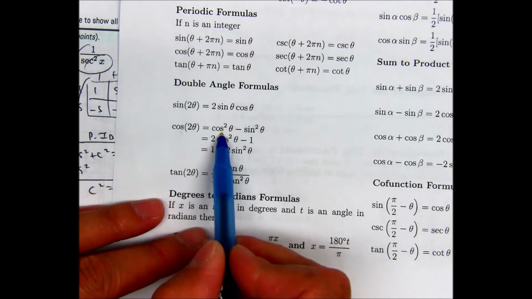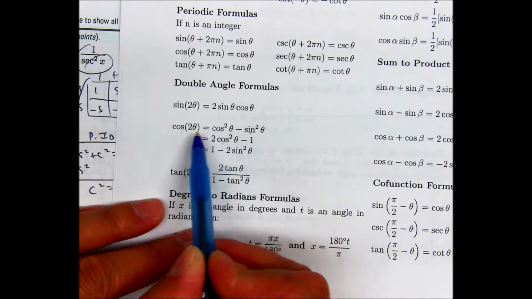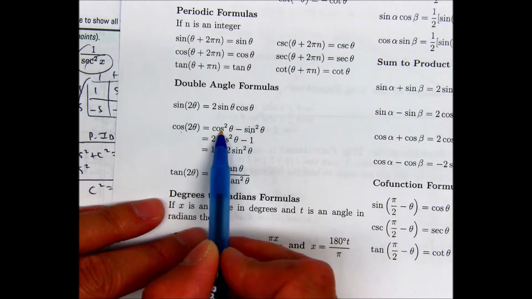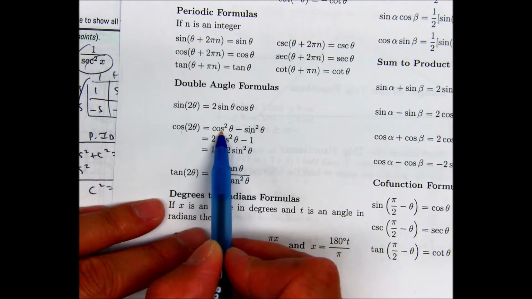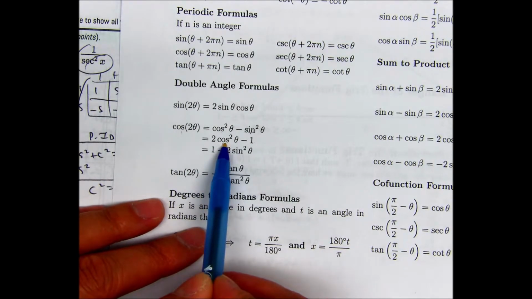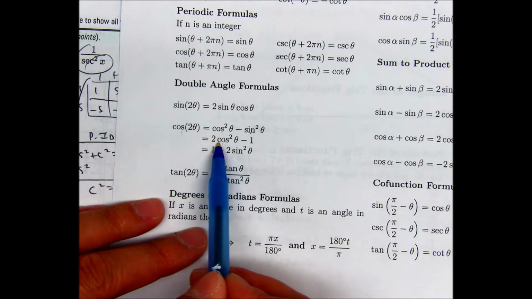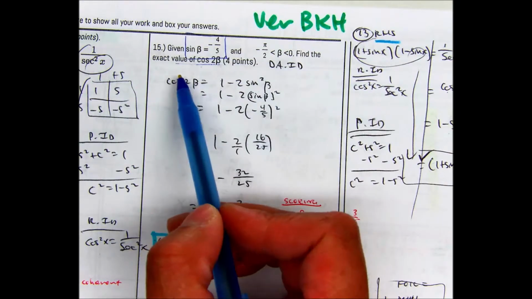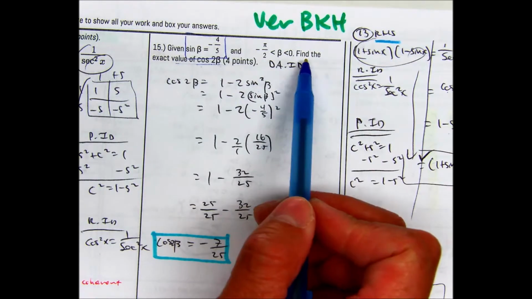In your double angle identities for cosine, although you could use this one, cosine squared theta minus sine squared theta, you would have to find cosine of theta, which would take you some work, wouldn't it? This one says you have to have cosine. So from sine, maybe use the Pythagorean identity. Or in this problem, it doesn't say you have to use identities. You can actually just draw your triangles. Does that make sense?